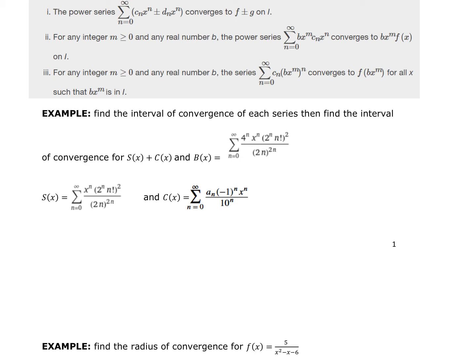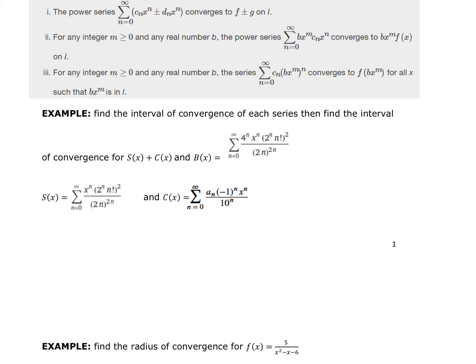And s of x is equal to the sum from n equals 0 to infinity of x to the n over 2 to the n n factorial squared over 2n raised to the 2n. And of course, here's my c.